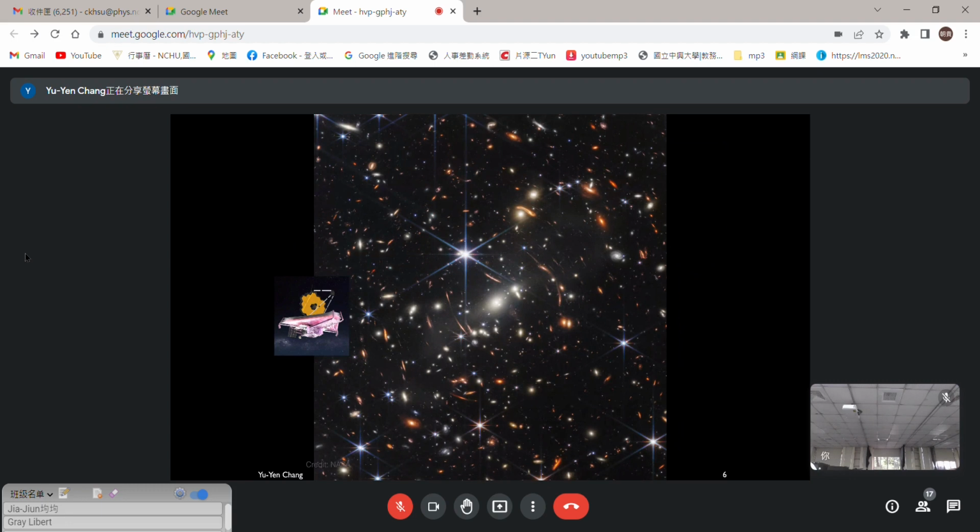In this kind of deep image, there are many galaxies. Some of them are rounder and some are flatter, some are bluer and some are redder. So they all have different physical properties.